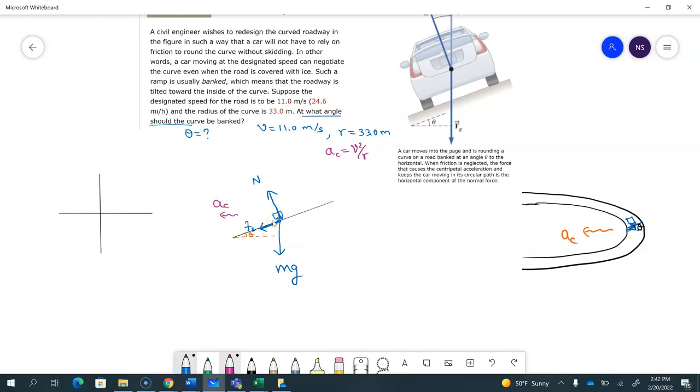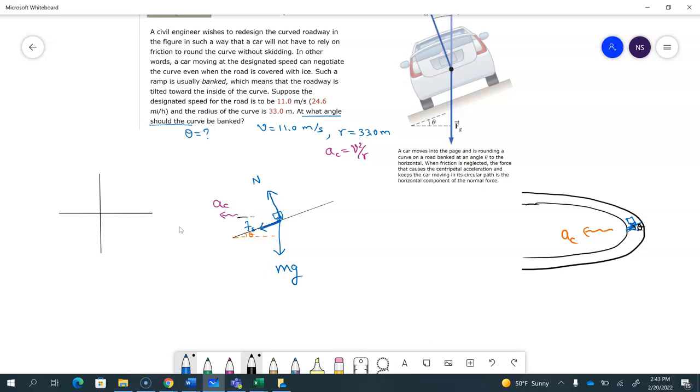We don't want to do that here because the centripetal acceleration is to the left. You see, we always let acceleration be our guide in these problems, so it's easier if we set one of the axes to align with the acceleration, right? So we'll take the usual x and y axes.